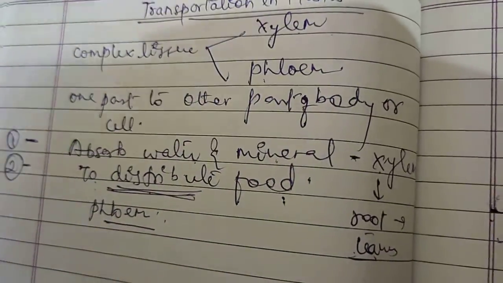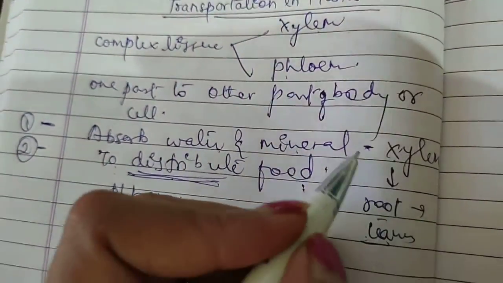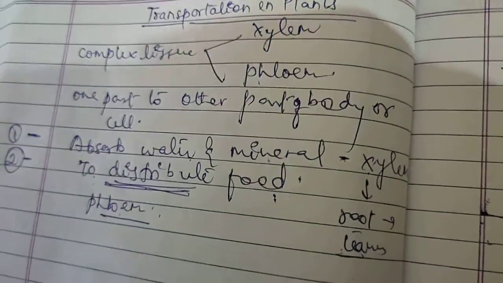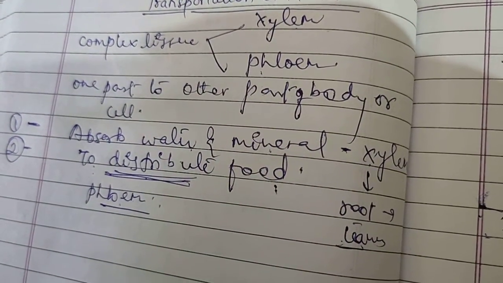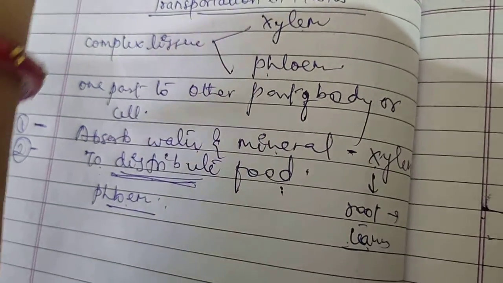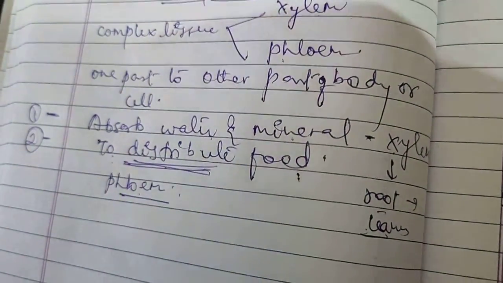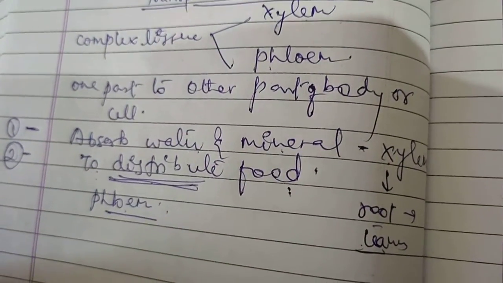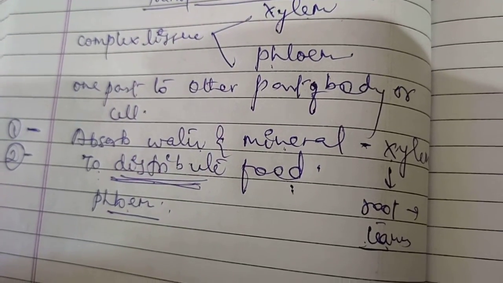So this xylem and phloem are responsible for the transportation of mineral and nutrition in the plant.